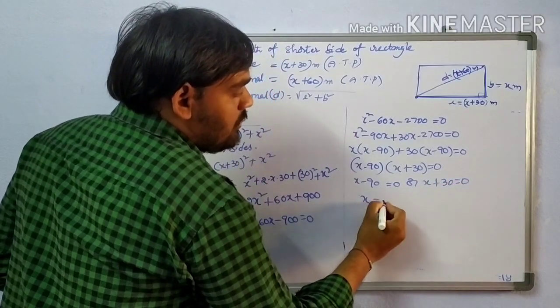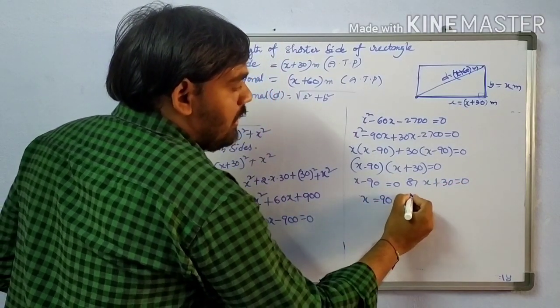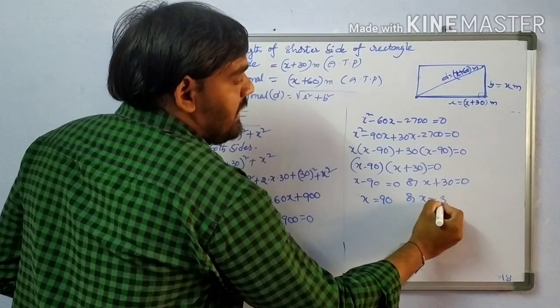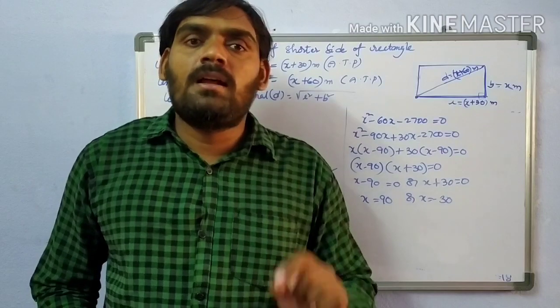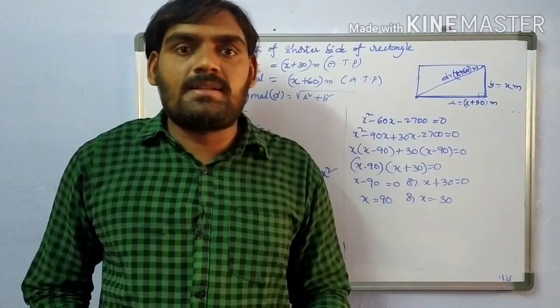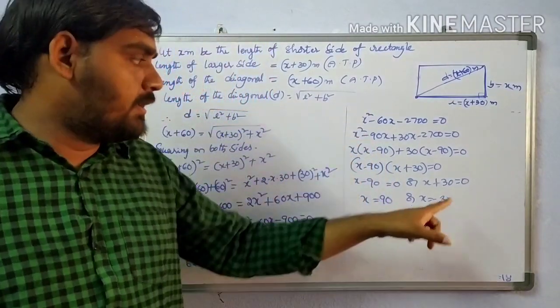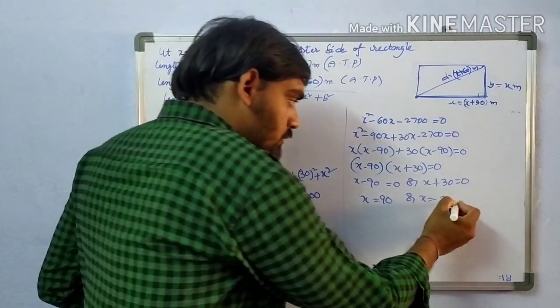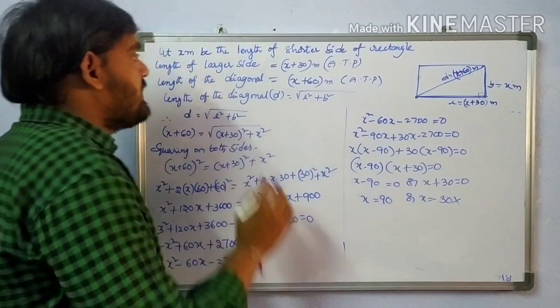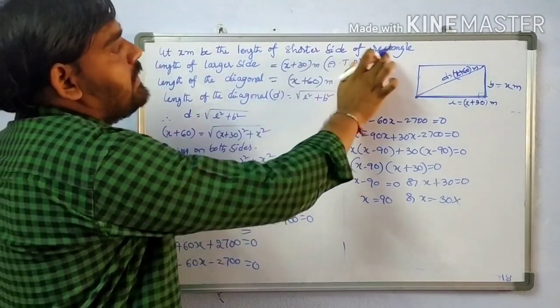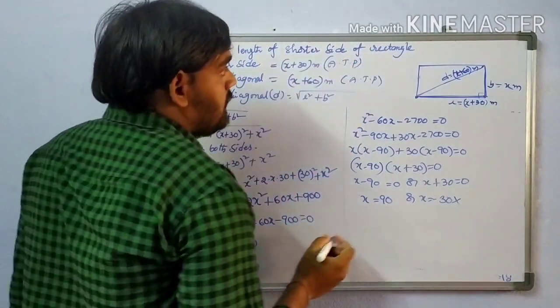So x is equal to 90 or x is equal to minus 30. You have to remember, if you take any figure, the lengths of the sides won't be negative numbers. So we should not take this one. So take x is equal to 90. X is nothing but the length of the shorter side of a rectangle.